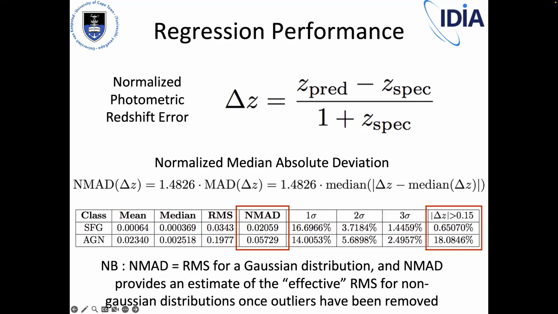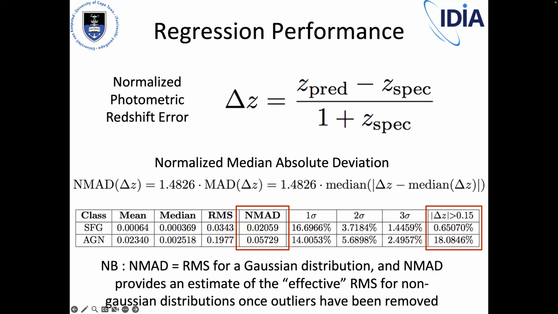And here is what I refer to as NMAD, or normalized median absolute deviation. This is a bit of a weird statistical technicality, but you can look up the median absolute deviation. The general idea is that if the distribution of error is Gaussian, NMAD and RMS should be exactly the same.